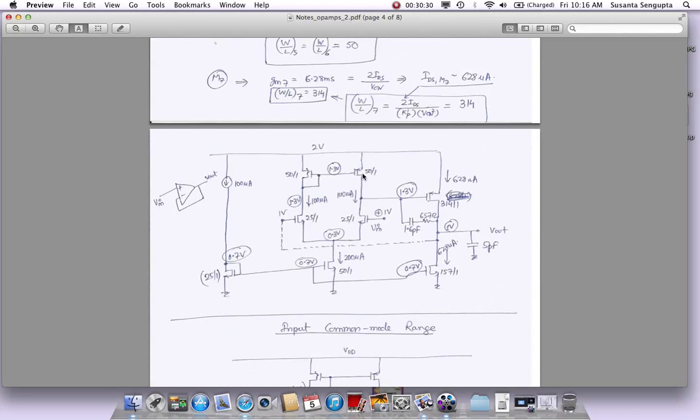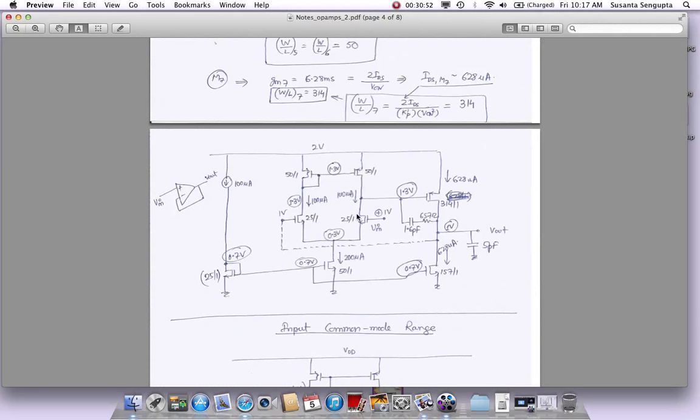We are good. How about this side? Well, what is the voltage here? The VGS here is again VT plus V on. So this point is also 1.3 volts. Same as this. So this device also remains in good saturation. All the devices are in good saturation. Okay, this has a VDS of 700 millivolts, great. This has a VDS of 1 volt, that is also great.